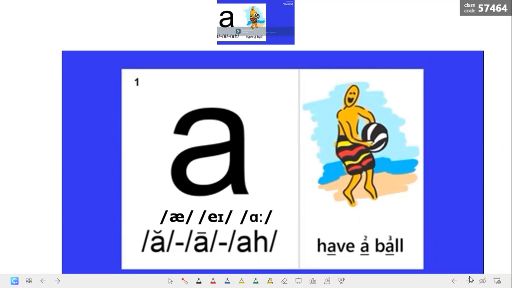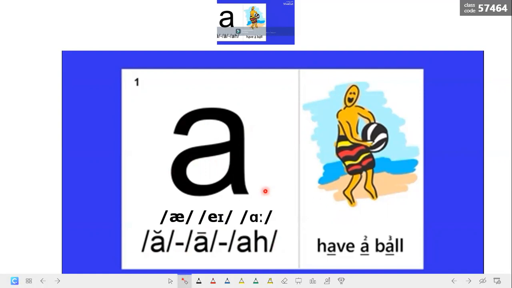Each phonogram is divided into two parts. Here, the left side has the phonogram and the transcription of this sound, how this sound is pronounced in British and American English.